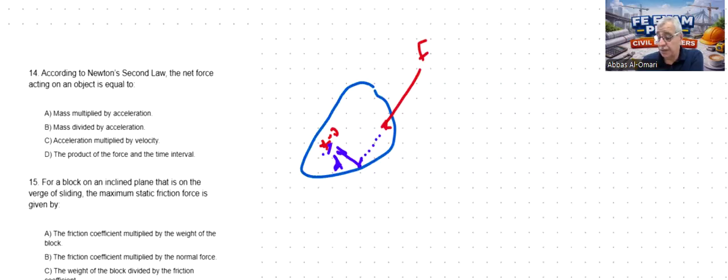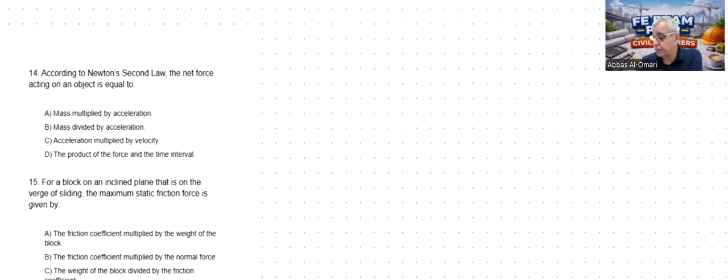It states that force equals ma, where F is the force, m is the mass, and a is the acceleration. So mass multiplied by acceleration. So this is the correct answer. So the correct answer is A.